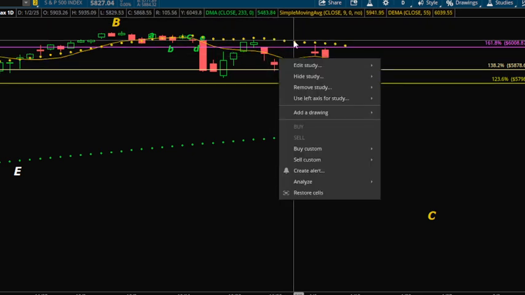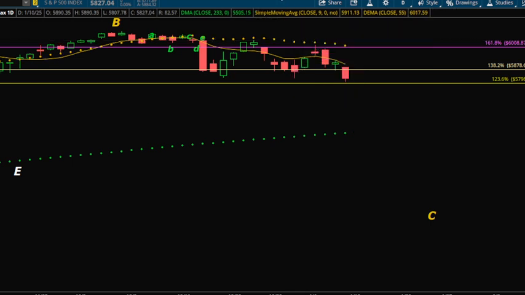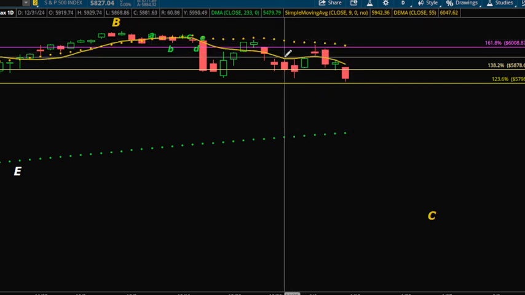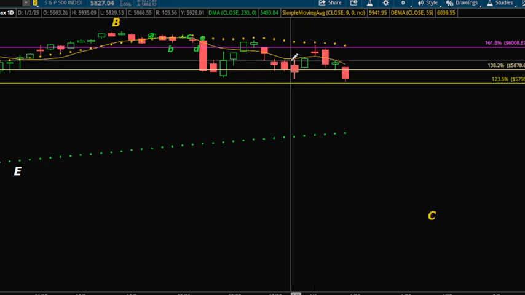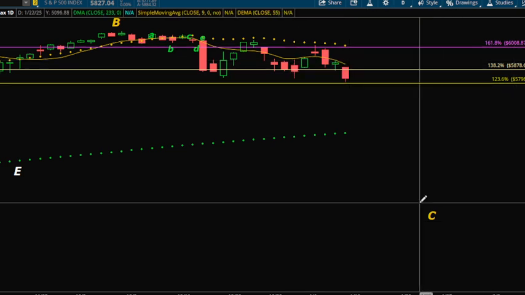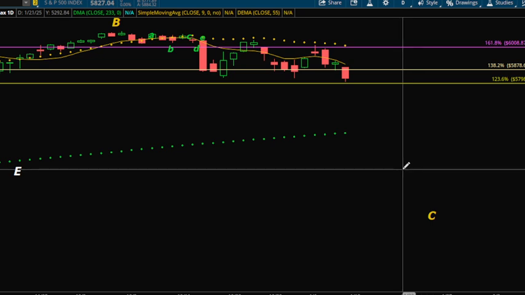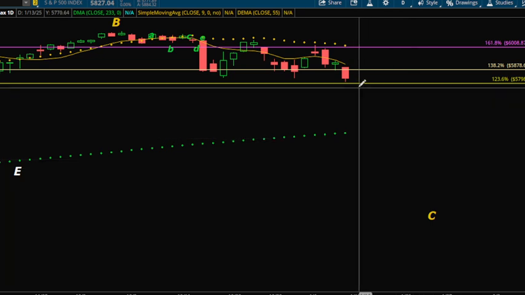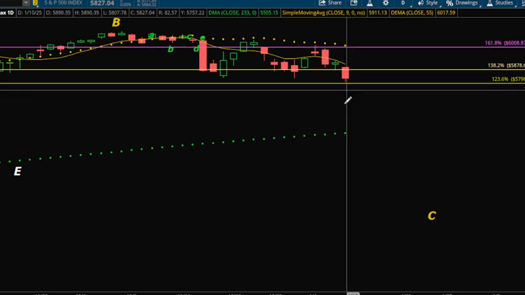The dotted yellow one is the 55, and the solid yellow one is the 9-day moving average. I put the 9-day up there because a lot of day traders use that for entries and exits. It's always important to know other trading styles, so it helps you determine what everybody else is thinking.